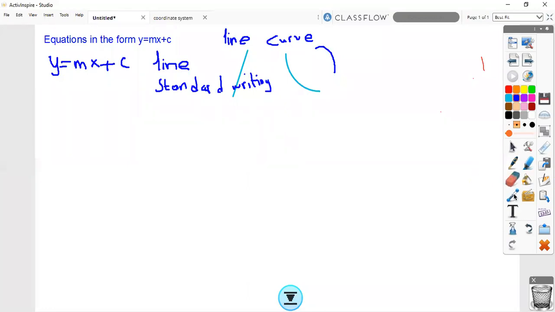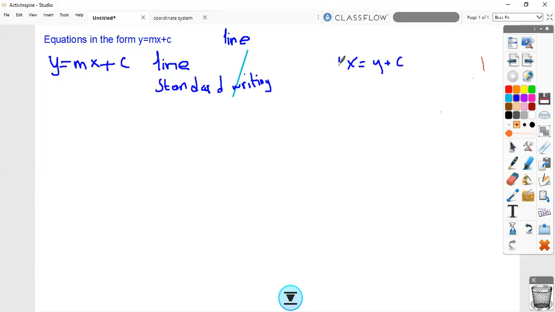Now, y is equal to mx plus c is a line in standard writing. Non-standard writing can sometimes be x is equal to y plus c. You see, this is not standard writing.